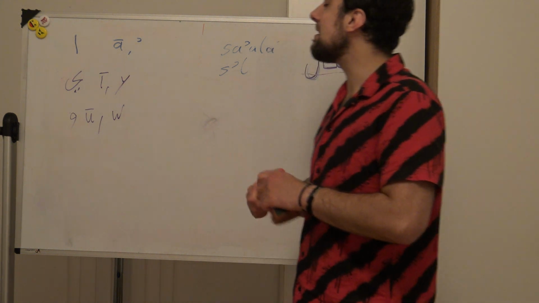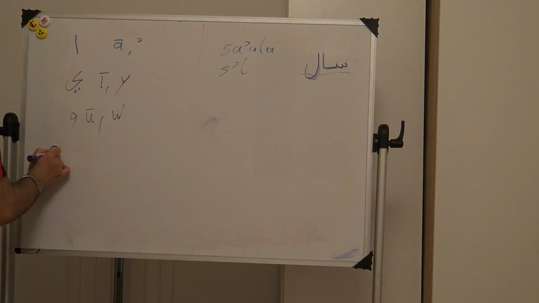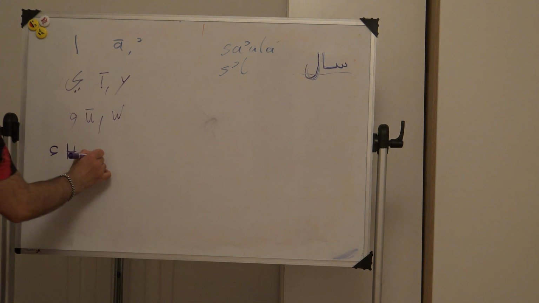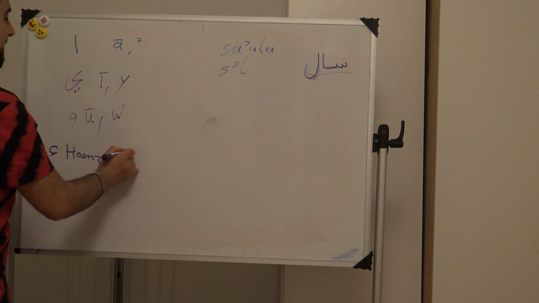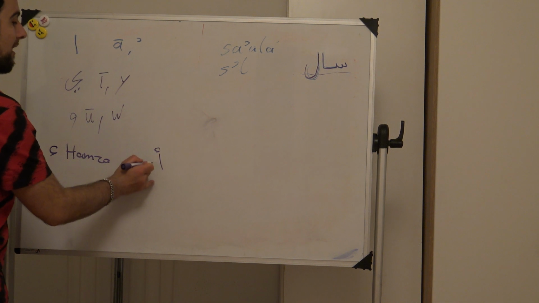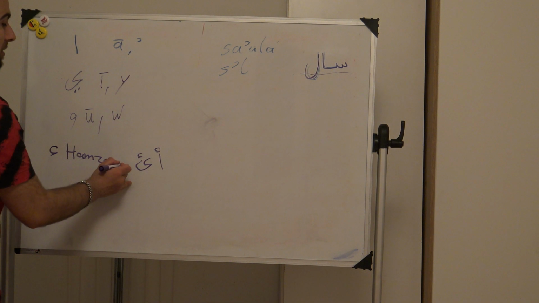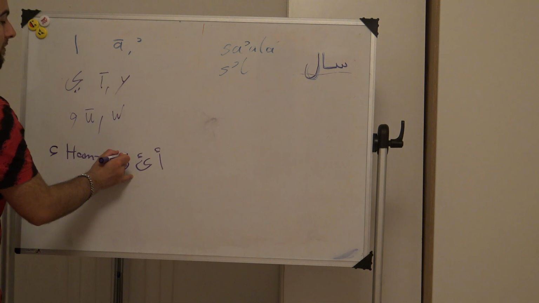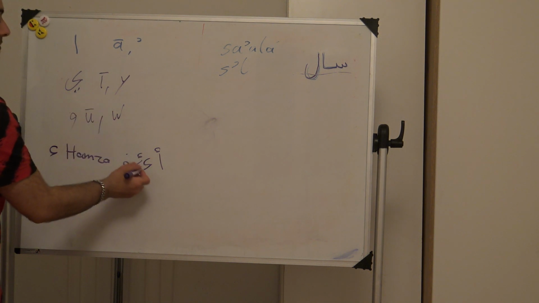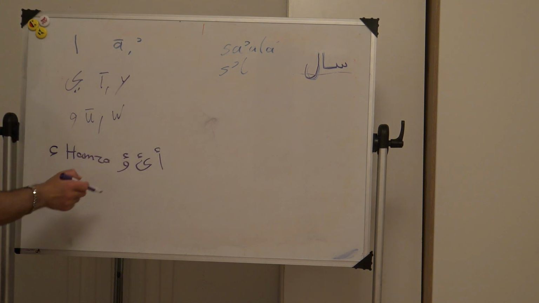And so they invented a new sign, the so-called Hamza. And then they wrote it above the Alif or the Ya, which then gets no points, at least nowadays it doesn't get the two dots, or the Waw. It looks like that.